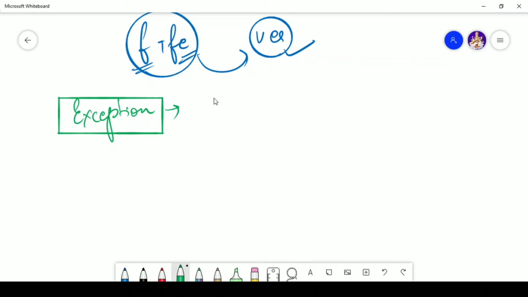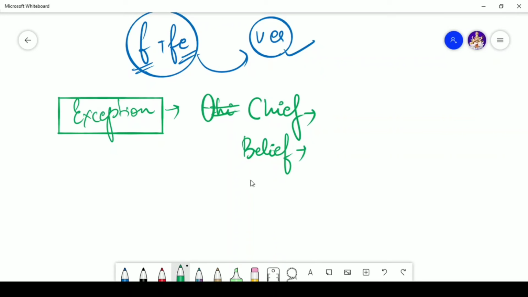For example, when you're talking about chief, or belief, or let's say dwarf, proof.